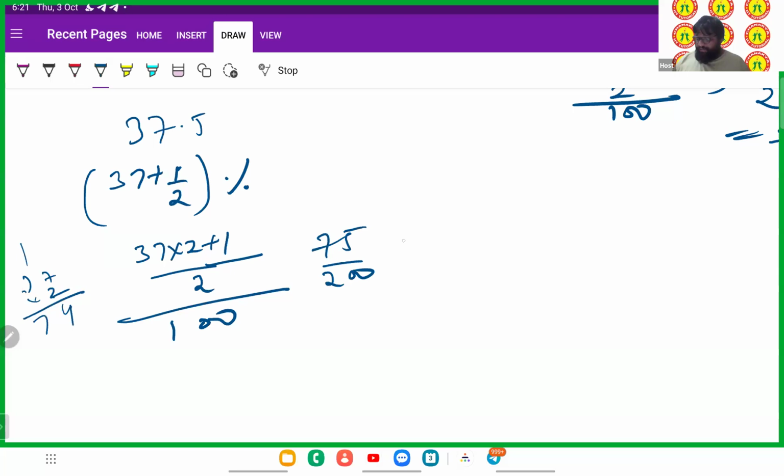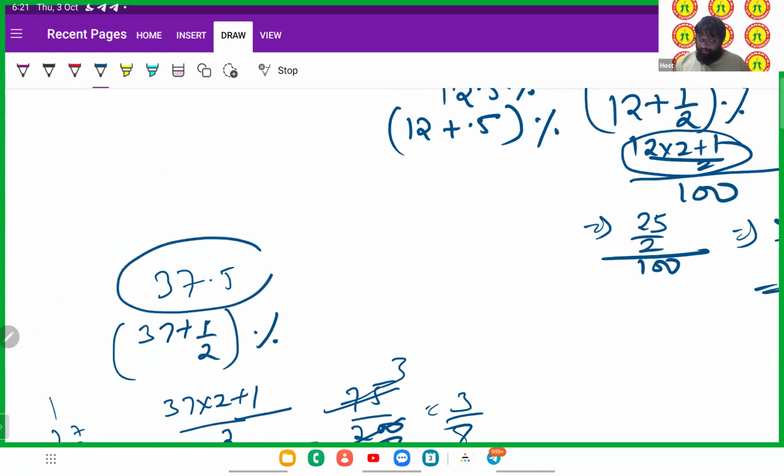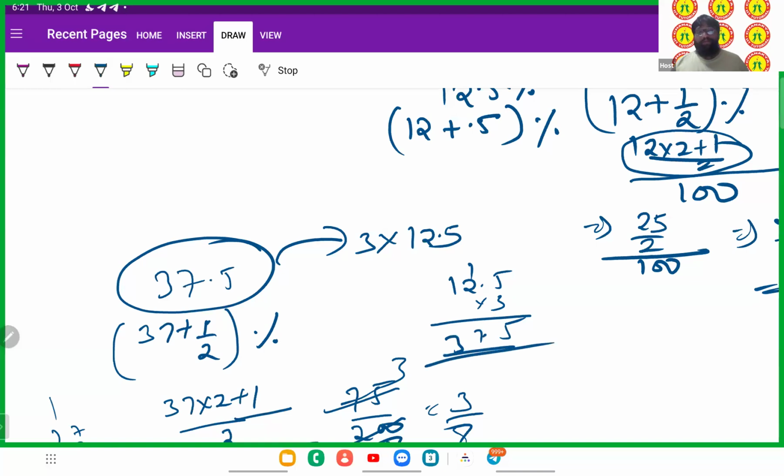One thing, can you see? 75 by 200, 25 threes, 25 eighths, 3 by 8. So this can also be written as 3 into 12.5. Check how much you are getting, 12.5 into 3, 37.5.